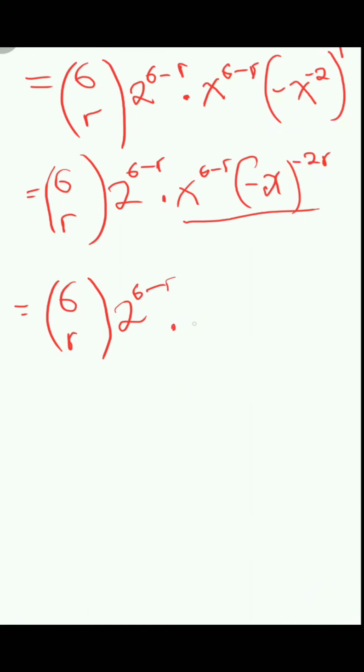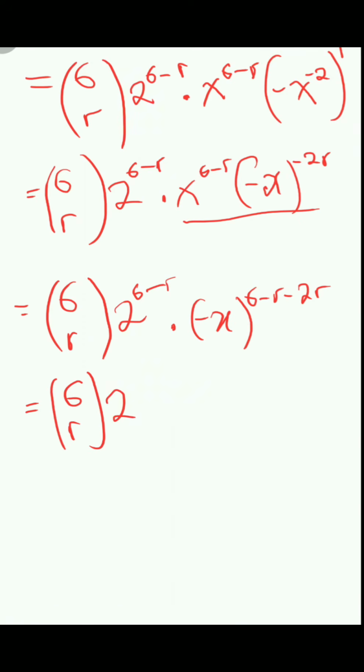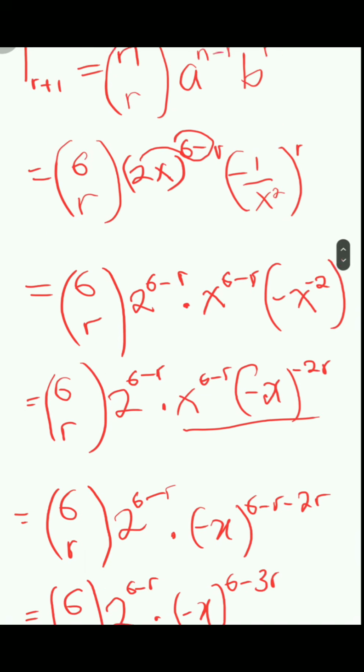So this will be negative x to the power 6 minus r, and when we add, this one will just be negative 2r. Now what happens after this is we write 6 choose r times 2 to the power 6 minus r times negative x inside parentheses to the power 6 minus 3r.